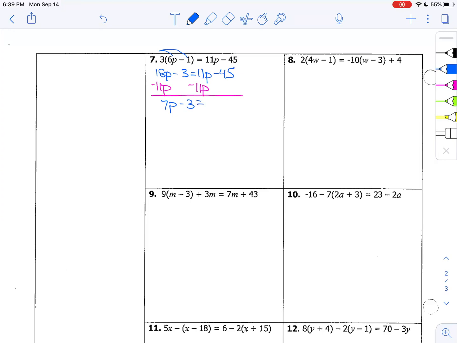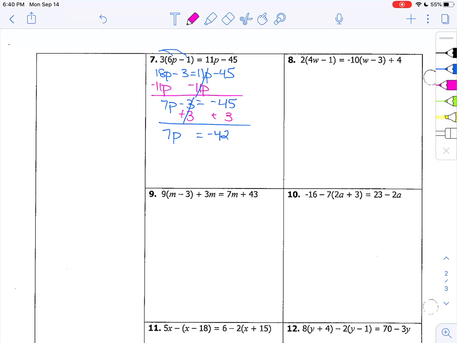Bring down minus 3 equals negative 45. I am left with a two-step equation. To solve the two-step equation, we're going to start by adding 3 to both sides. Remember, we're doing the opposite operation, which leaves me with 7p equals negative 45 plus 3 is negative 42.